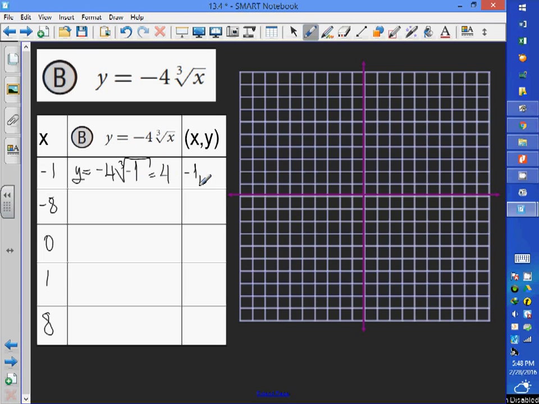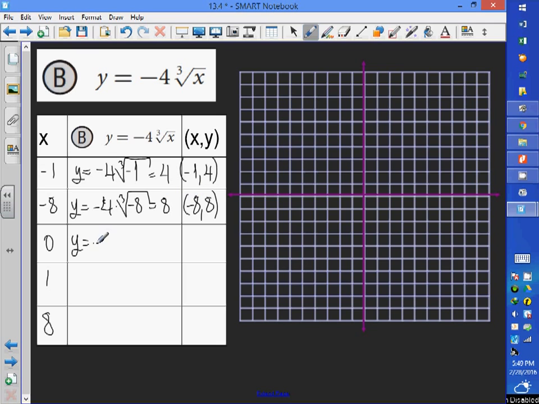Negative 1 goes to 4. And for negative 8, negative 4 times the cube root of negative 8, which is negative 2, times negative 4, will be positive 8. Negative 8 goes to positive 8.